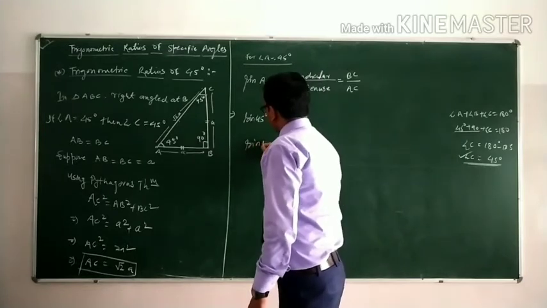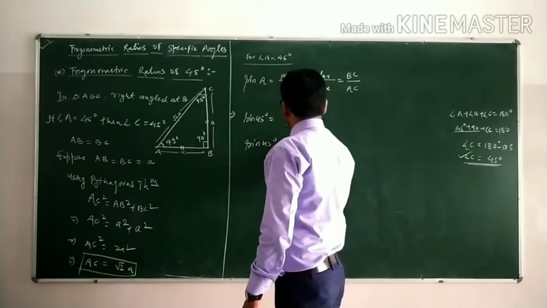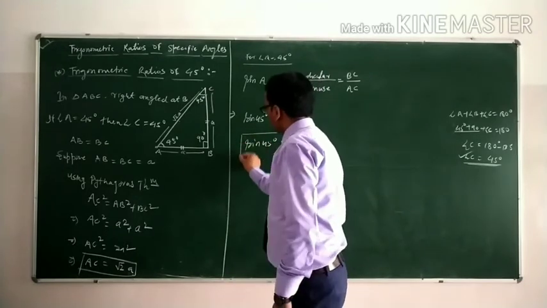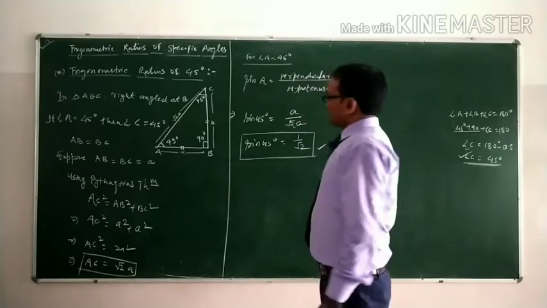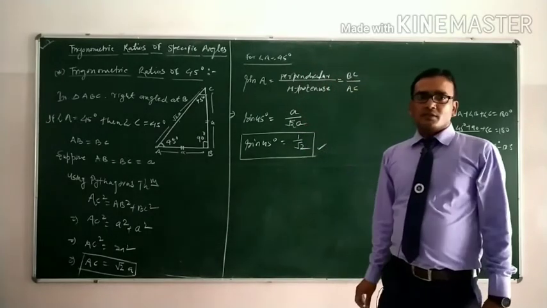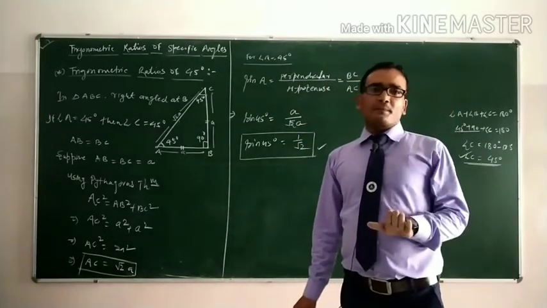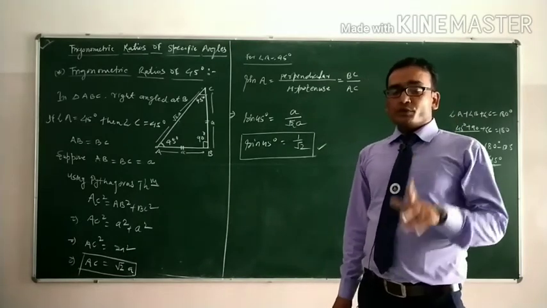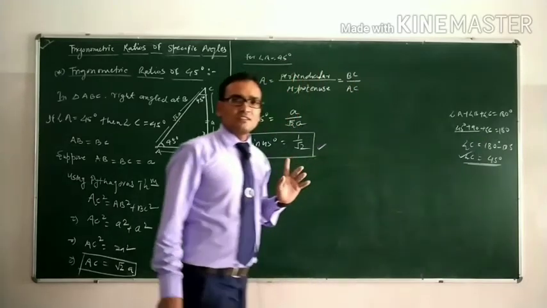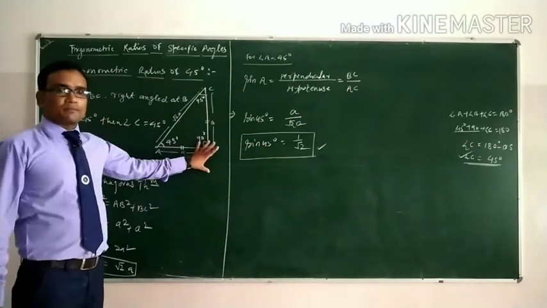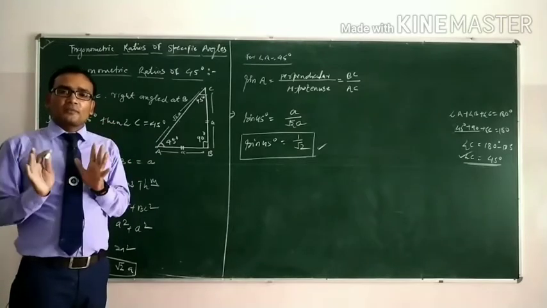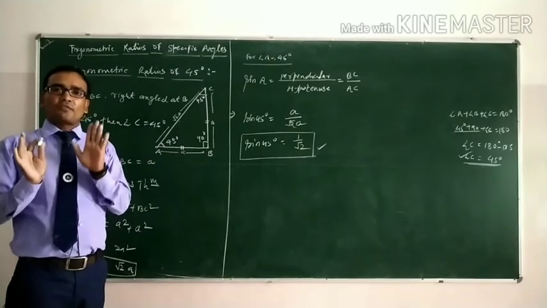This gives sine 45 degree is 1 upon square root 2. Okay student, the value of sine 45 is 1 upon square root 2. You understand this concept and we find all the trigonometric ratios for 45 degree.